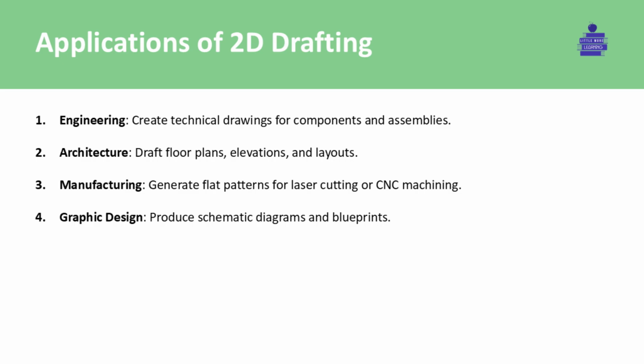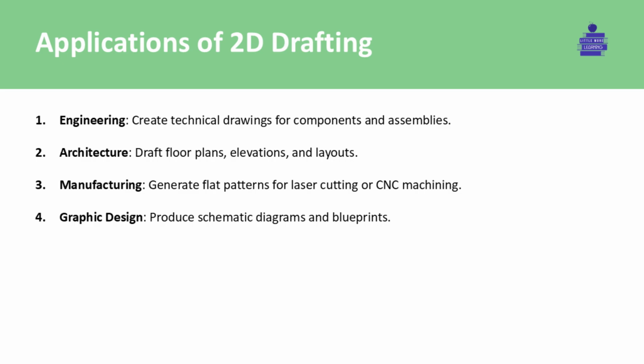In engineering, it's the foundation for creating precise technical drawings. Every bolt, gear, and component starts as a 2D drawing before becoming reality. Architects use it to craft detailed floor plans and elevations. Imagine being able to walk clients through their future home before it's built.